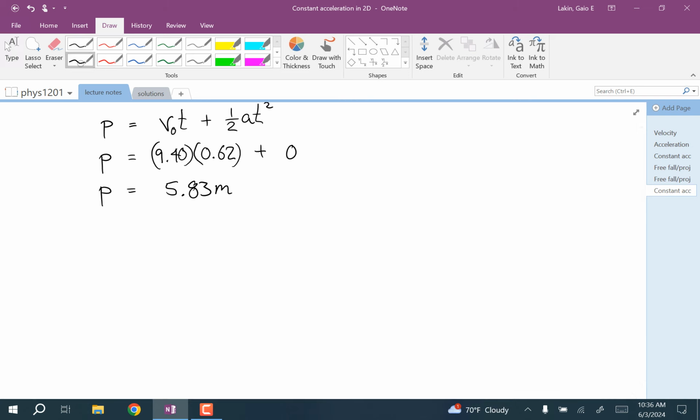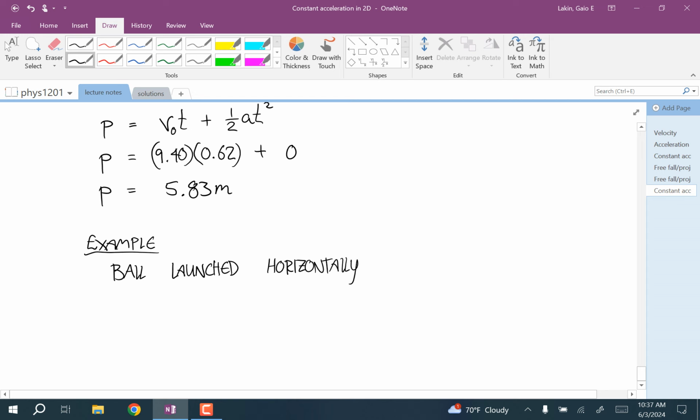For the last example, let's say that a ball is launched horizontally at 25 meters per second from a height of 3.5 meters, so 3.5 meters high.